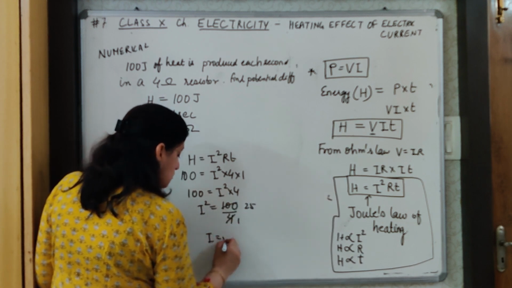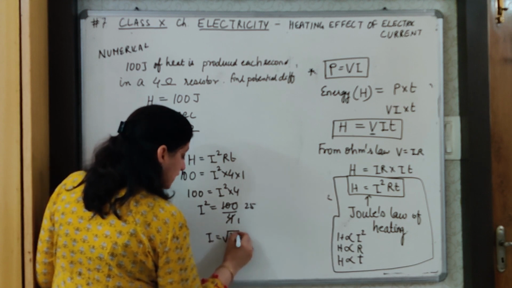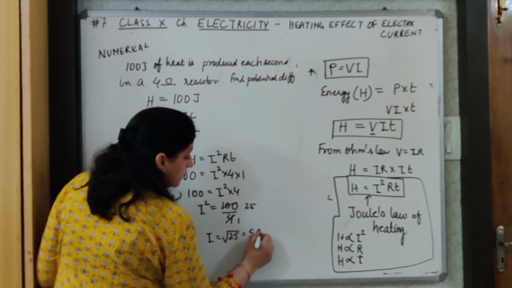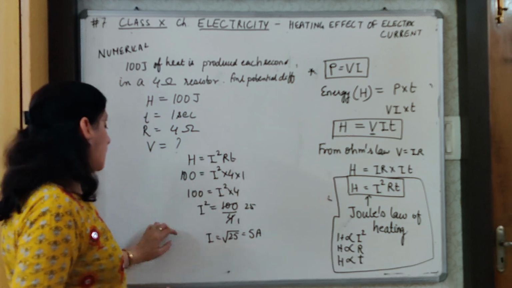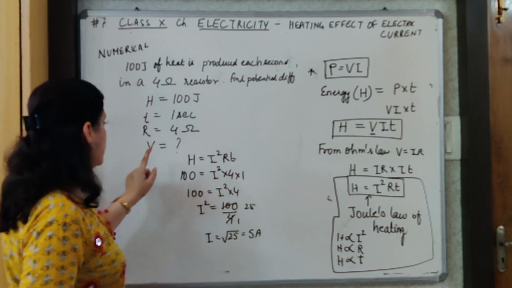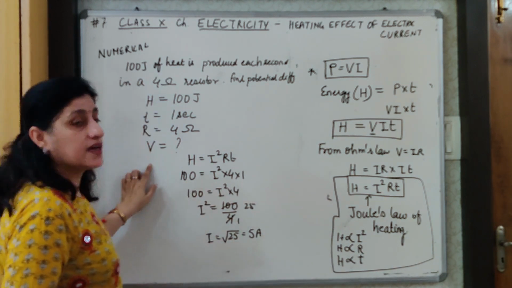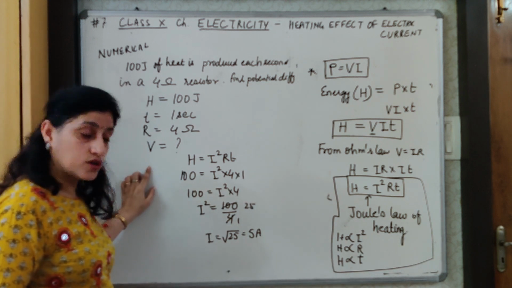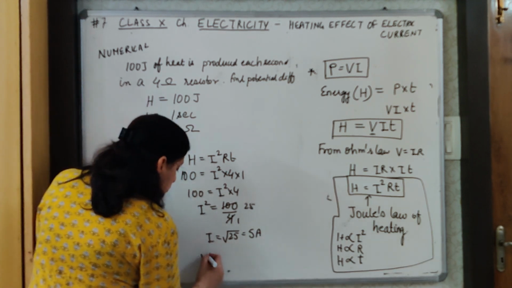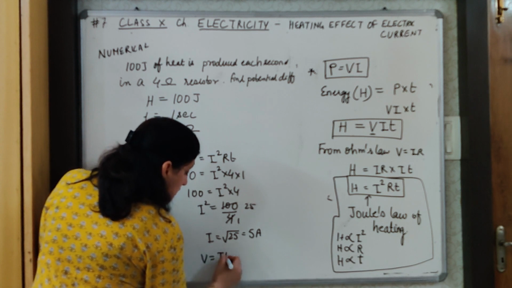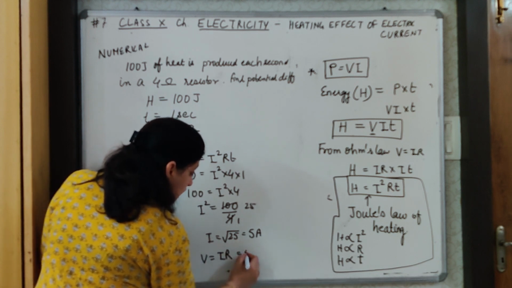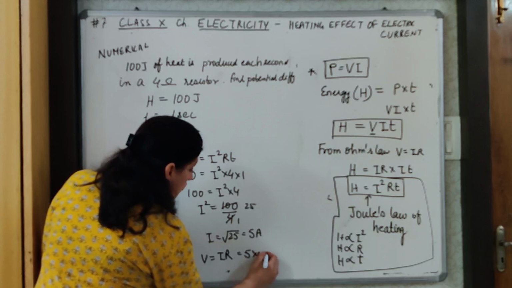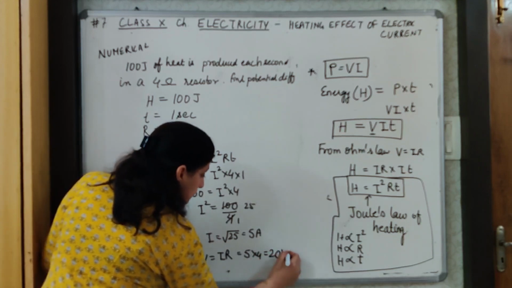So I becomes root of 25, which is equal to 5 ampere. Now I have got the current as 5 ampere. I know the resistance. I have to find the voltage or the potential difference. Now using Ohm's law, V is equal to IR. I get 5 into 4 is equal to 20 volt.